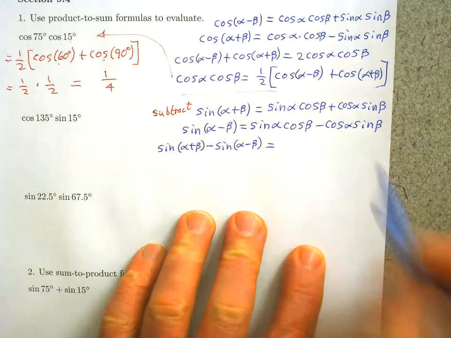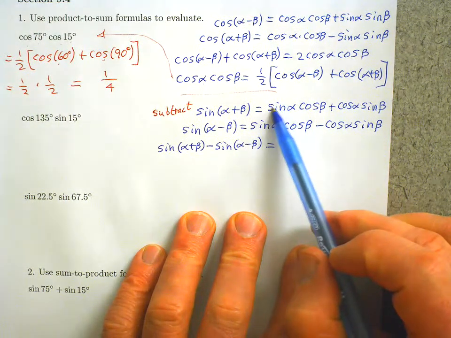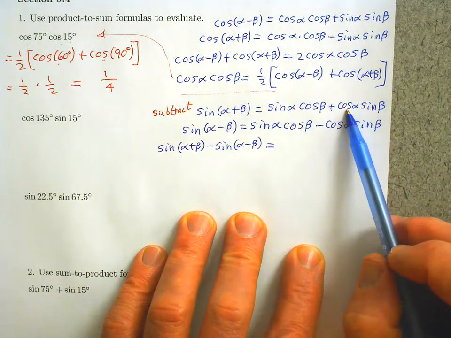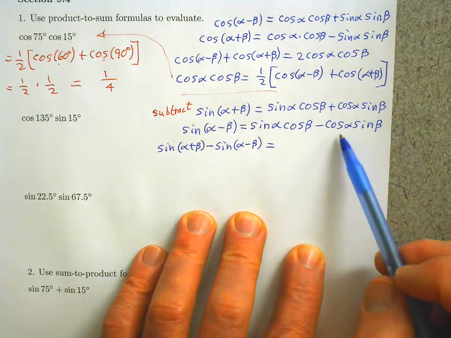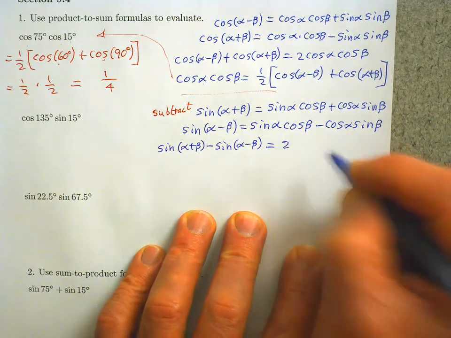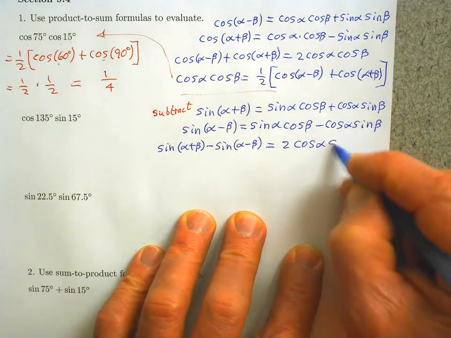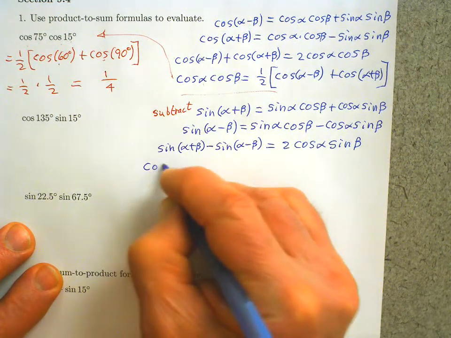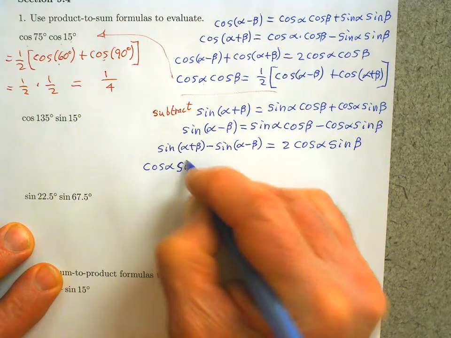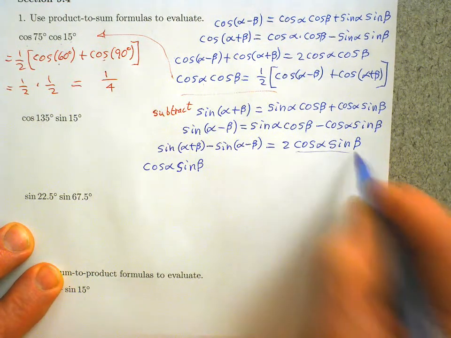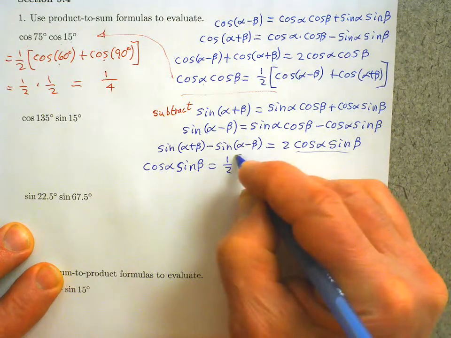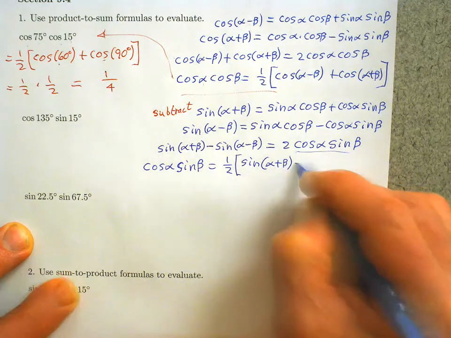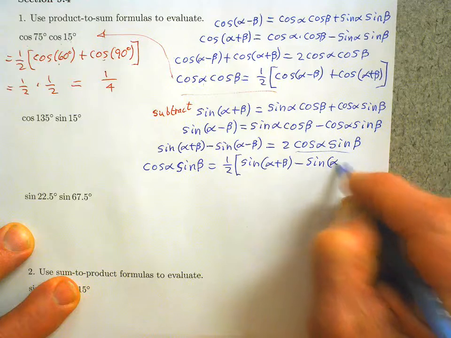And on the right-hand side, this term minus that goes away, and cosine of alpha times sine of beta minus cosine of alpha times sine of beta, we get 2 times cosine of alpha times sine of beta. And so our cosine of alpha times sine of beta, we're solving for this part, is 1/2 times sine of alpha plus beta minus sine of alpha minus beta.